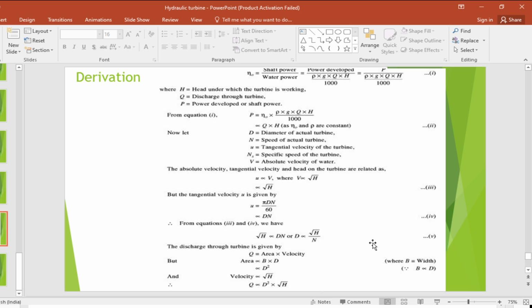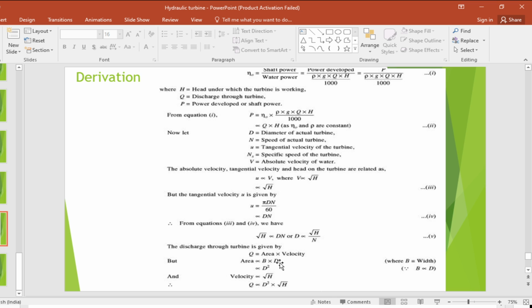Now the discharge through the turbine can be found by using the continuity equation, that is area into velocity. The area will be B into D, calculated by using width and depth.